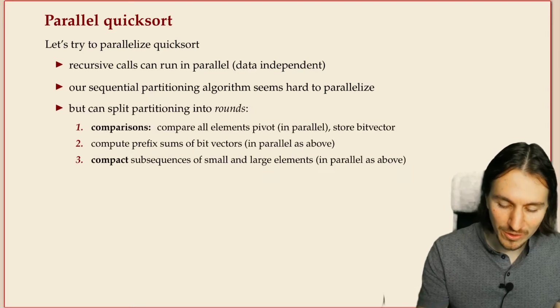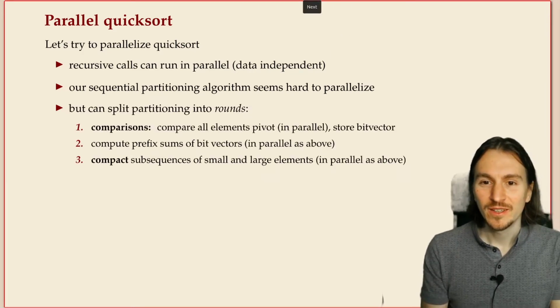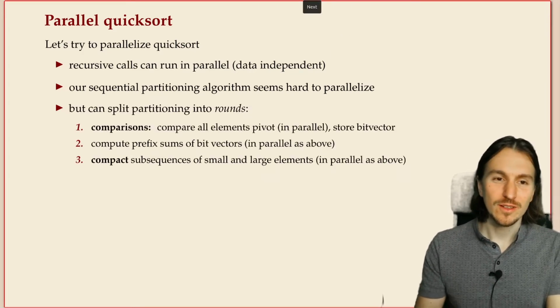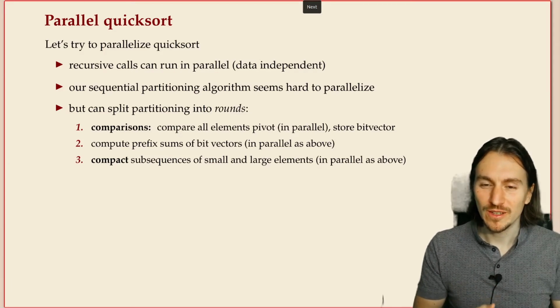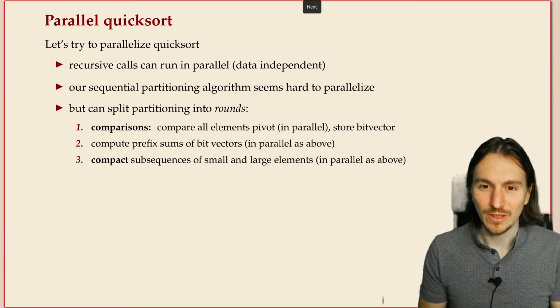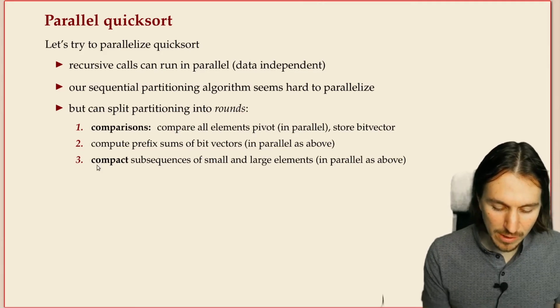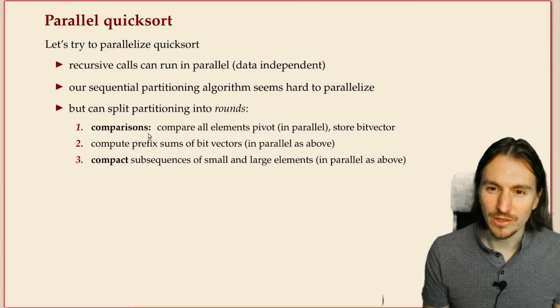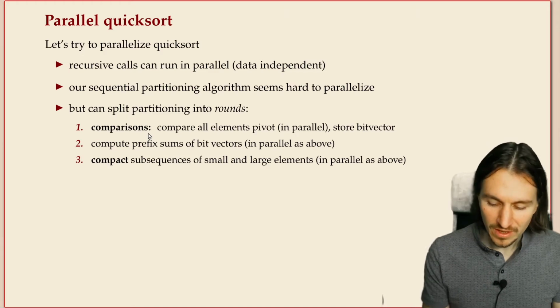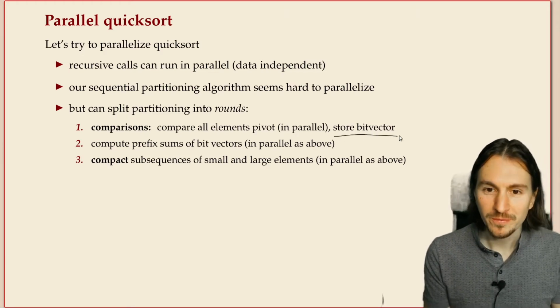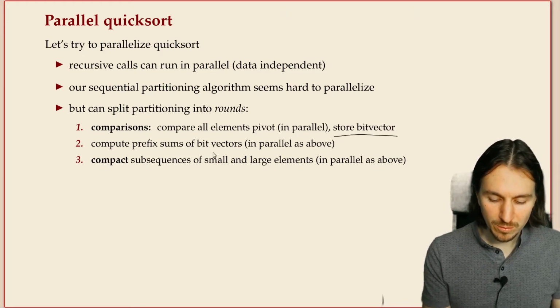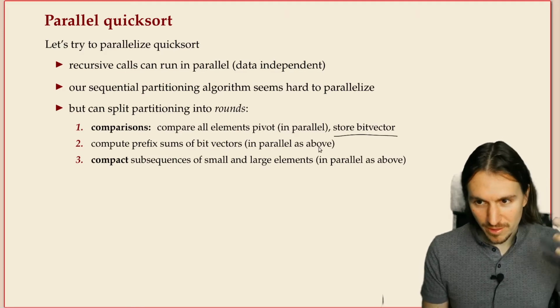And that seems more challenging, but we can, again, view the problem slightly differently, and then we get to something that can be parallelized. In this case, we can do it in 3 rounds. We can first do all the comparisons with the pivot element, and we can store the results. Then we can compute prefix sums of this bit vector with the previous.